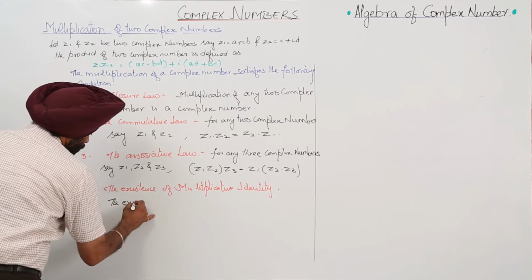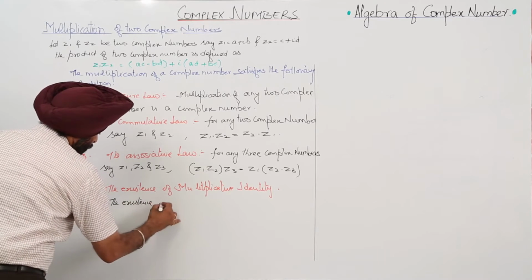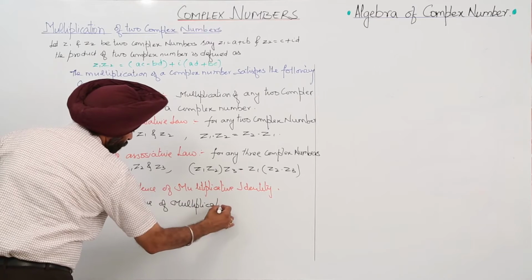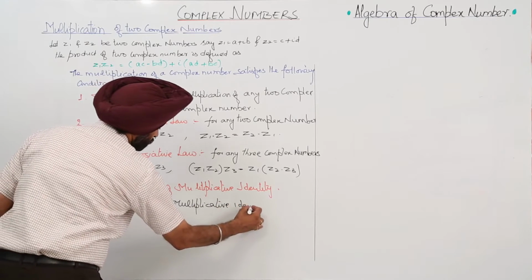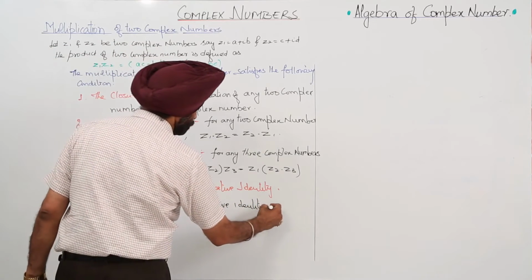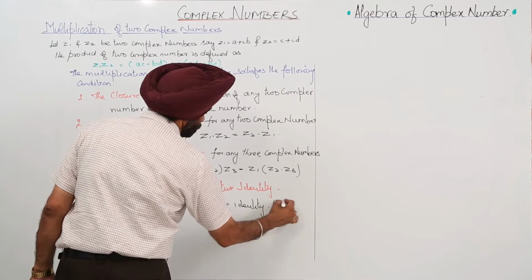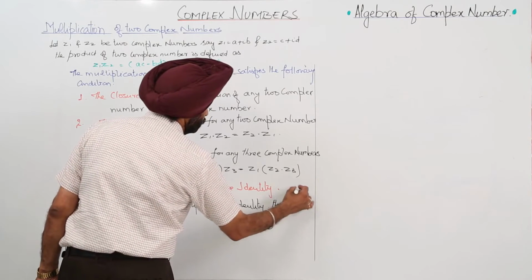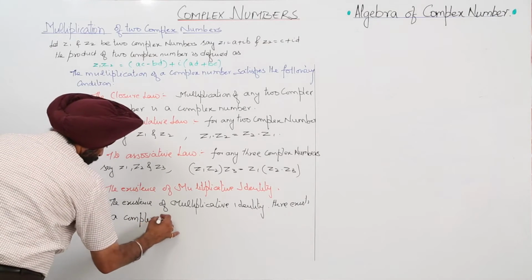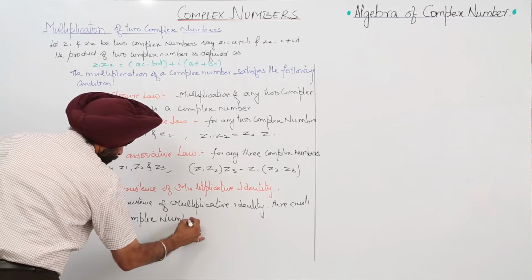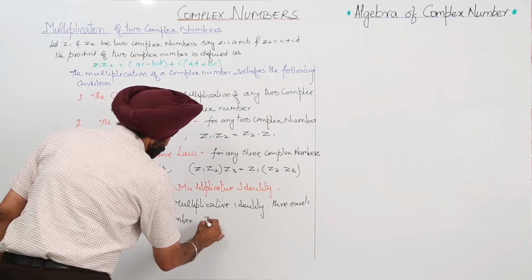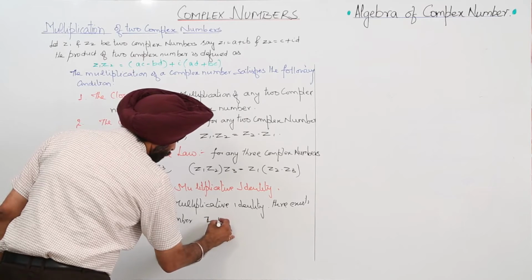There exists a complex number Z with 1. This is 1.